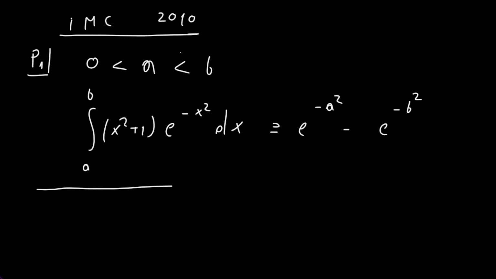First of all, it's an inequality, and what we want to show is that this integral from a to b of this function is bigger than e to the power minus a squared minus e to the power minus b squared. What I want you to see first is that a is less than b.